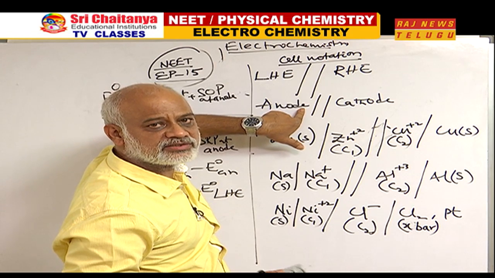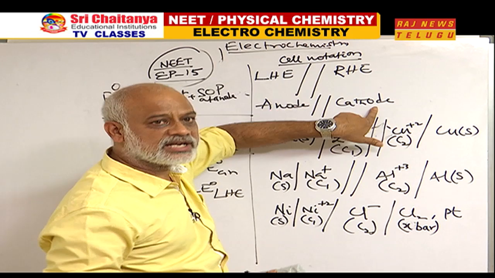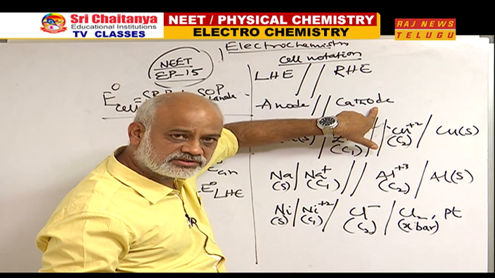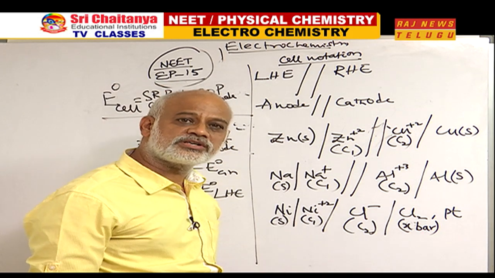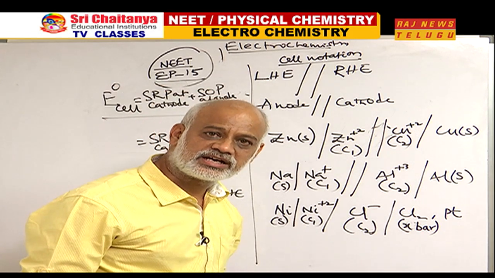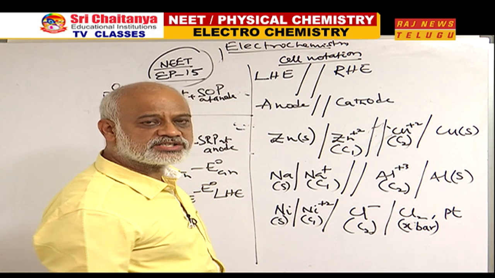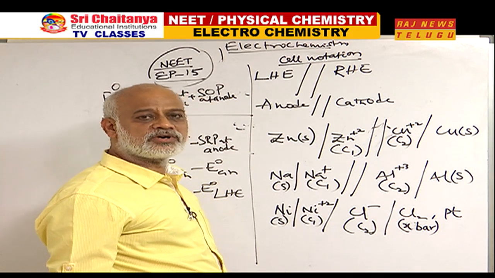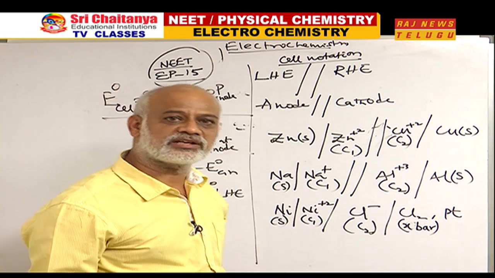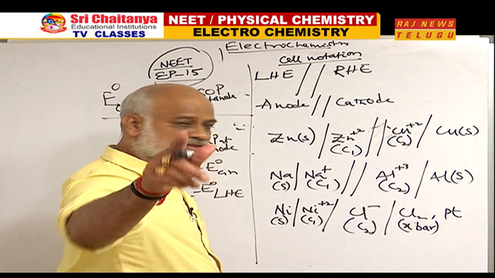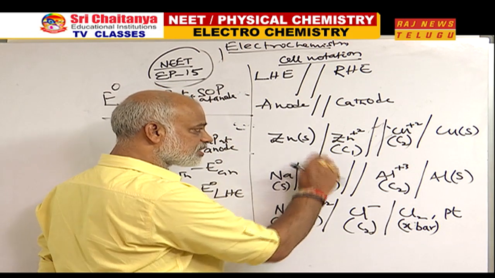Left hand electrode is anode, right hand electrode is cathode. What is the spontaneous reaction occurring at the anode? Oxidation. What is the spontaneous reaction occurring at the cathode? Reduction.